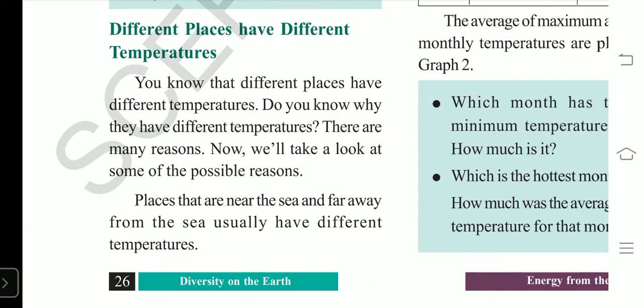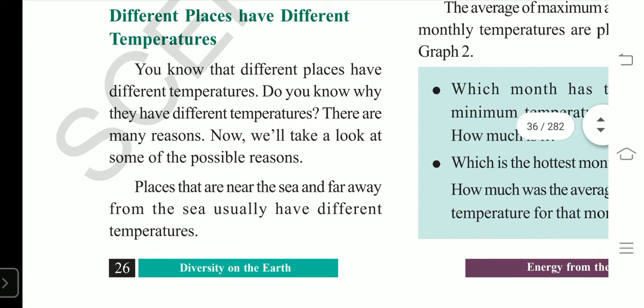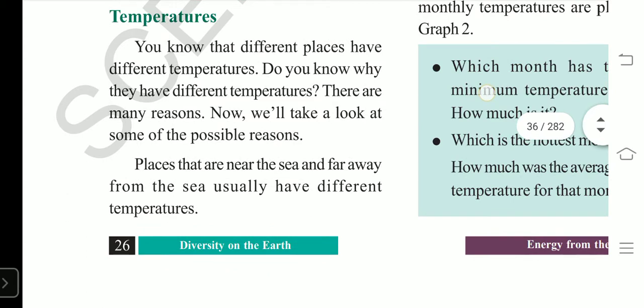Places that are near to the sea. Suppose you are moving in a bus on a journey, and your bus passes through some fields or by a riverside, then we feel it is very cold, somewhat pleasant, right? A cold, pleasant air is touching us.